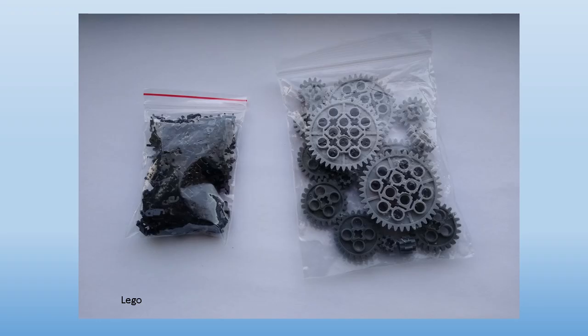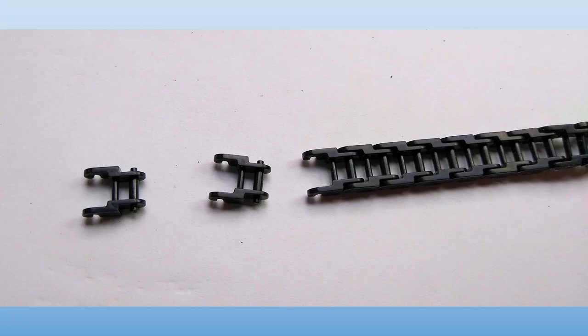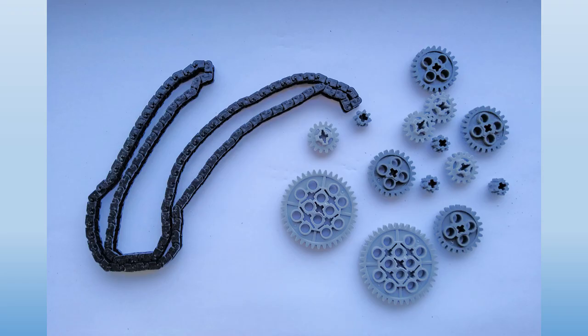It arrived in 2 bags like this, one containing the chain links and one containing the gears. The links all clip onto each other to make a band of any length you require, and they can adopt any shape around the series of various gear wheels.